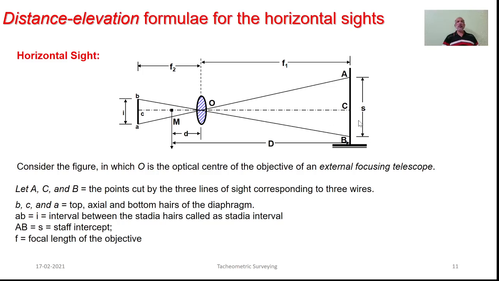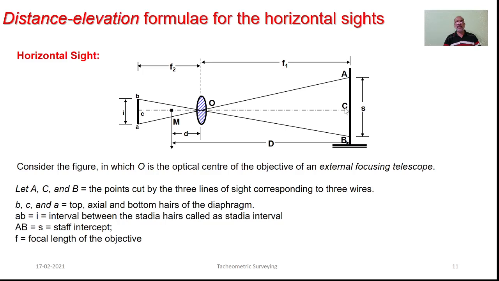Let's try to deduce the distance and elevation formulae for horizontal line of sight. As you see, we are expected to have the horizontal line of sight, say OC. So in this particular figure, O is the optical center of the objective of an external focusing telescope.